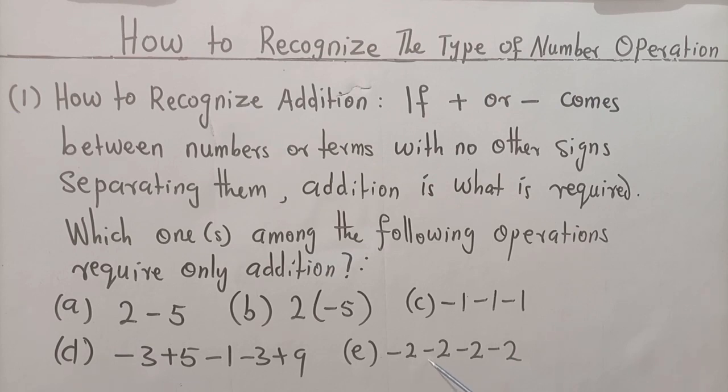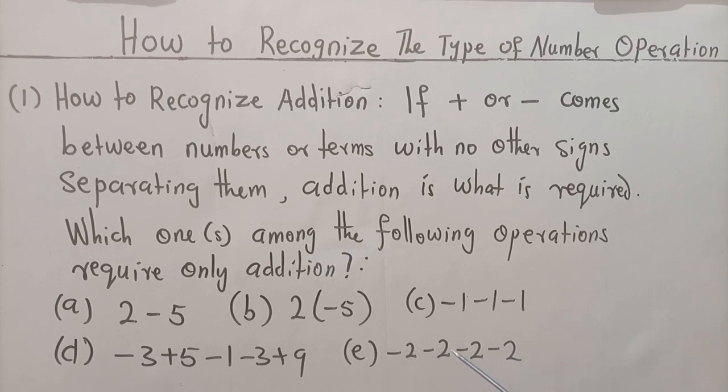Look at this one too. Minus 2, minus 2, minus 2, minus 2. This looks like the first example I gave to you, the first challenge I gave to you just before now. Do you remember? Yes, minus 2, minus 2, minus 2, minus 2. We are to carry out addition with them, not multiplication. Why?